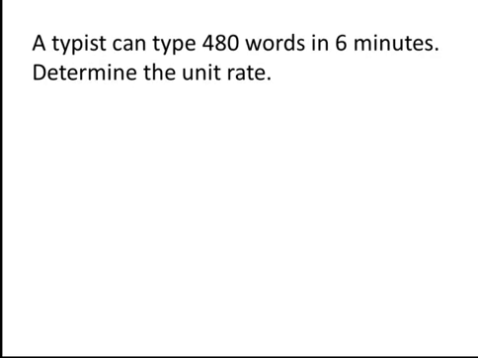A typist can type 480 words in 6 minutes. Determine the unit rate. First, we write our rate as a fraction with 480 words over 6 minutes.